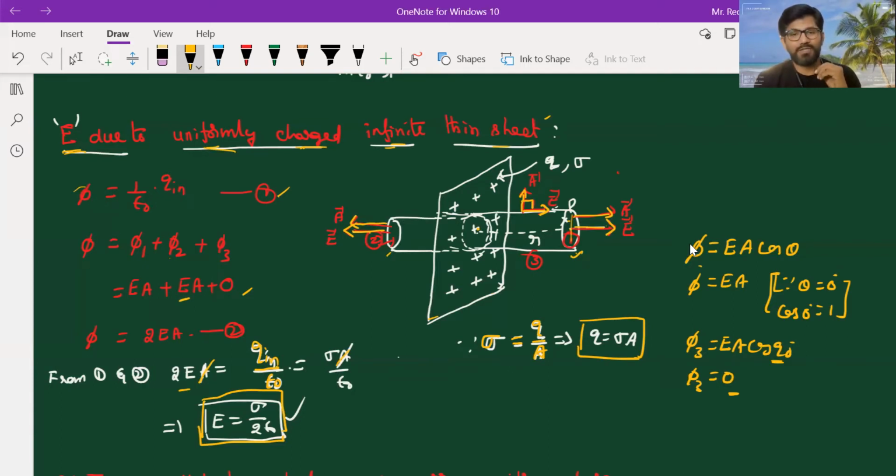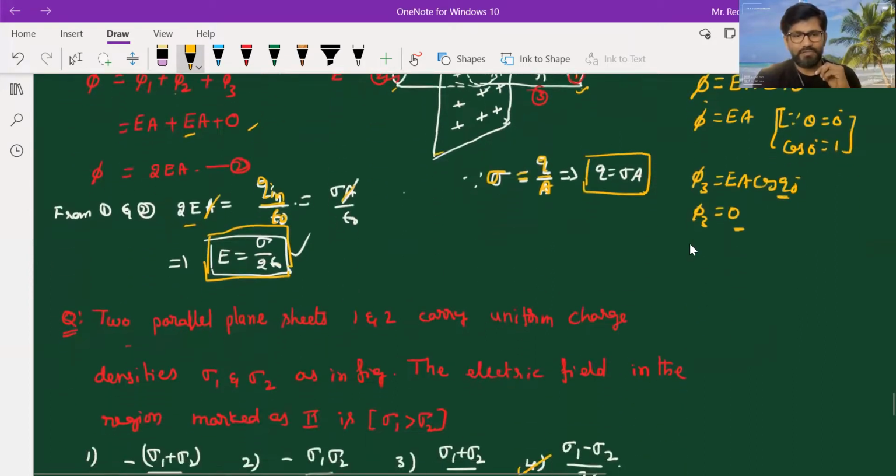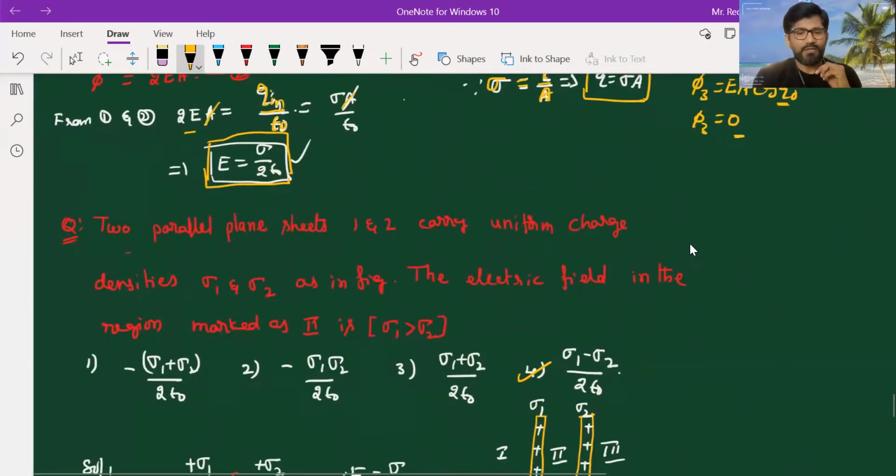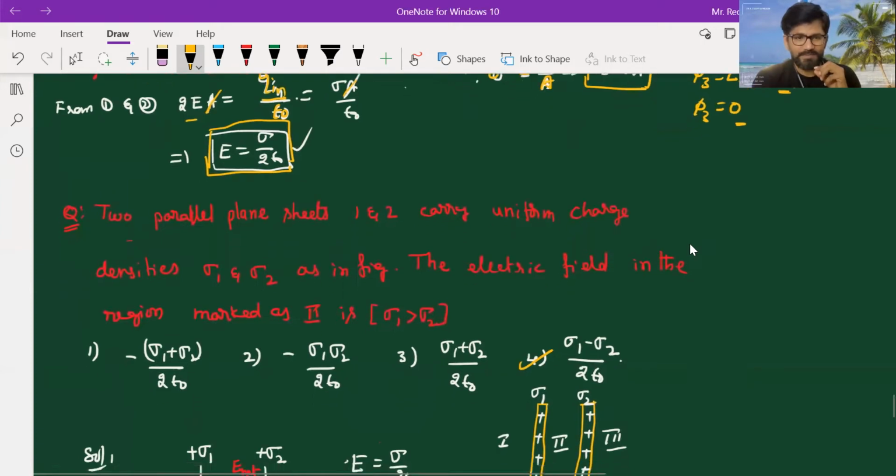Now let us try to discuss one simple example here. See this question. What is the question? It is given that two parallel plane sheets 1 and 2 carry uniform charge densities sigma 1 and sigma 2 as in the figure. The electric field in the region marked as 2, provided sigma 1 is greater than sigma 2, is.